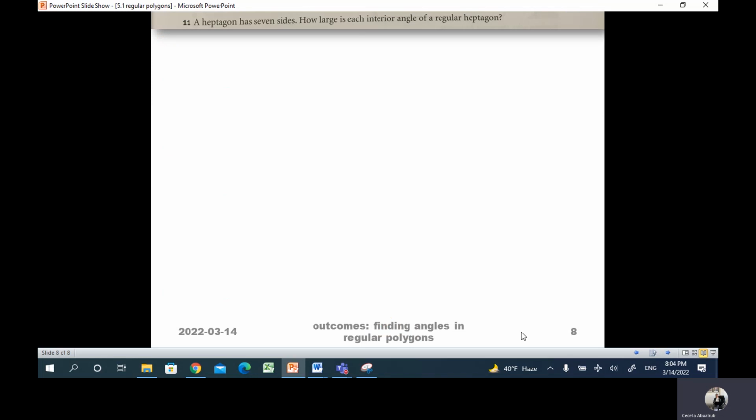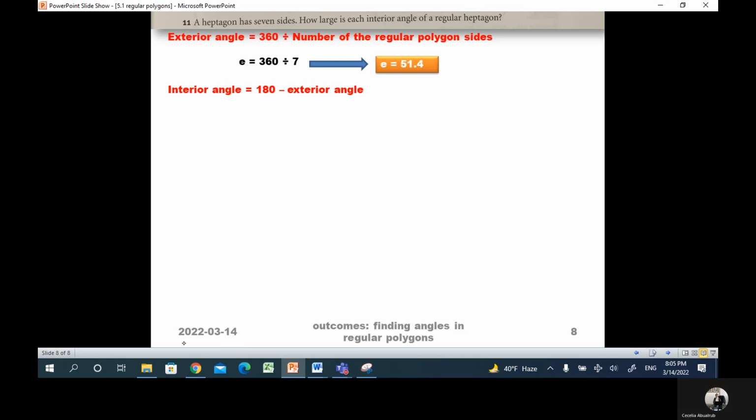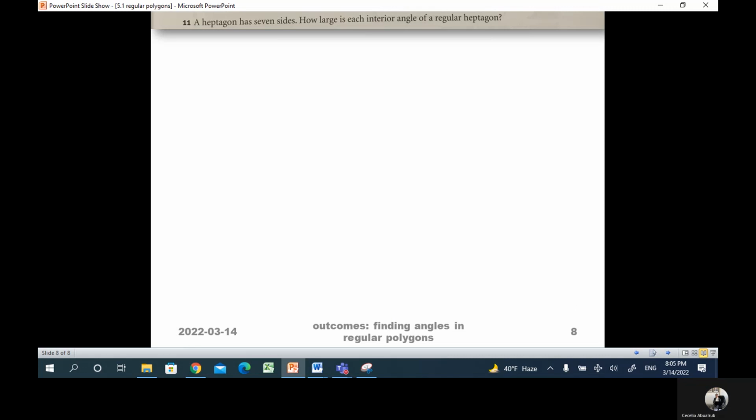A heptagon has 7 sides. So in this question, what is given in this question?